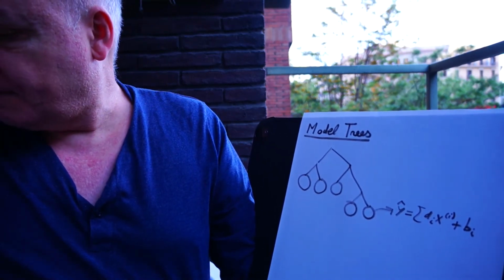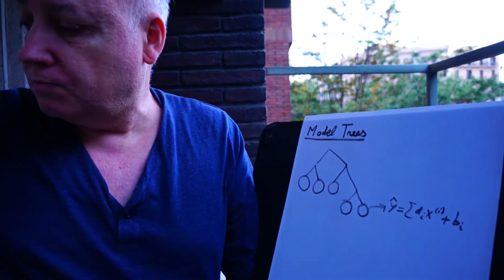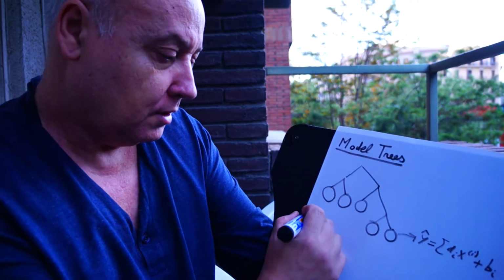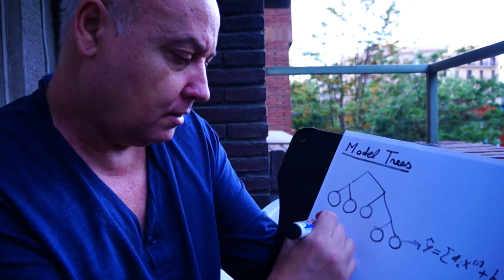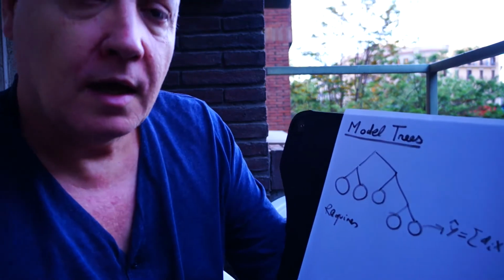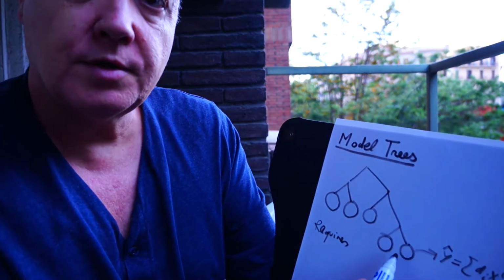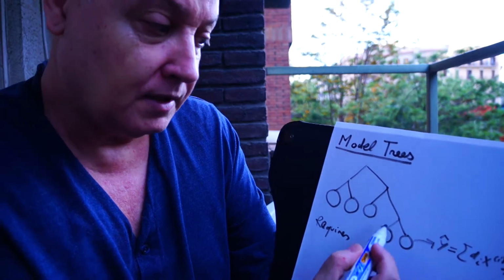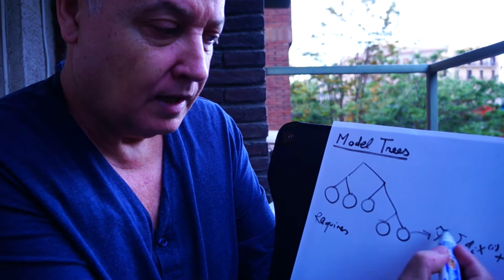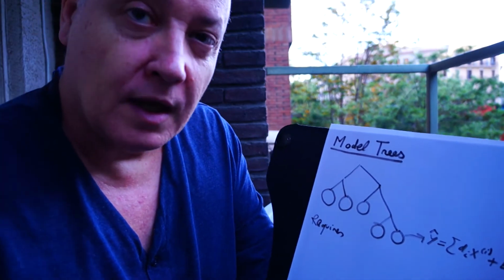So what are the properties of those models? First, this requires lots of data, because you have the partition, but still you should be able to perform a regression on the leaf.